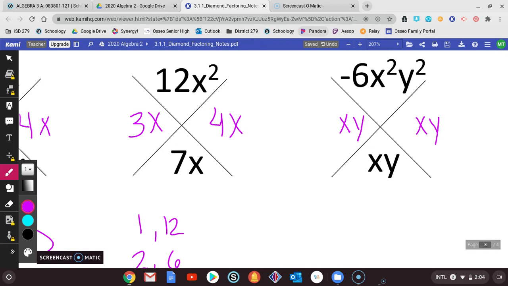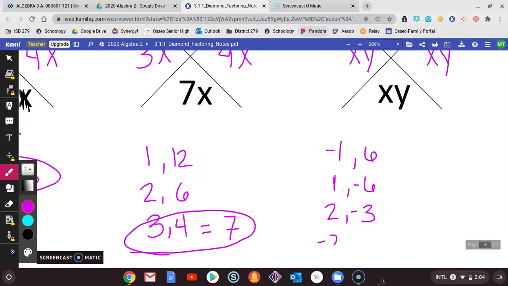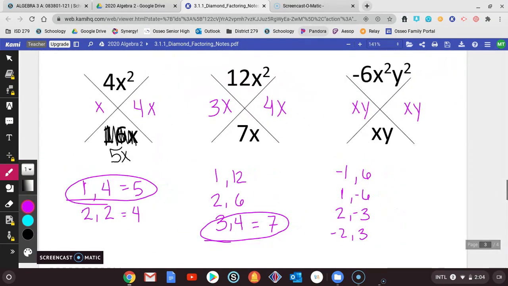Now I look at -6. So -6 could be -1 and 6. It could be 1 and -6. It could be 2 and -3, or it could be -2 and 3. So there are the 4 options.